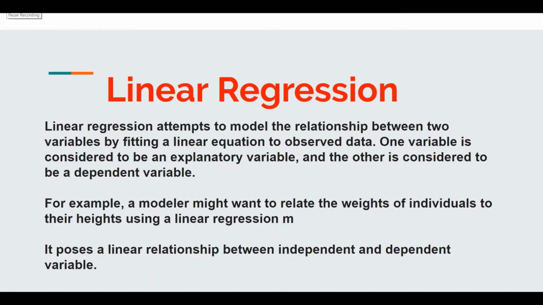Linear regression attempts to model the relationship between two variables by fitting a linear equation to observed data. One variable is considered the independent variable and the other the dependent variable. The independent, or explanatory, variable is the input variable, and the dependent variable is the output variable.